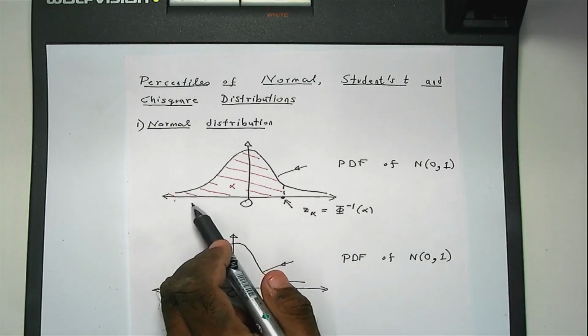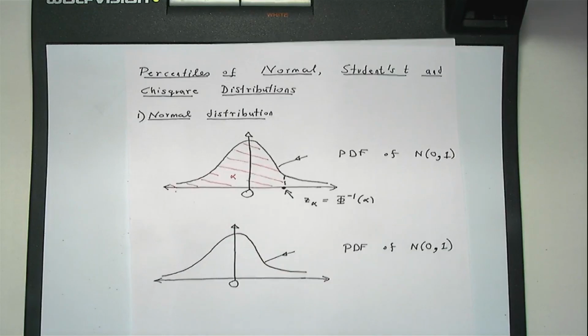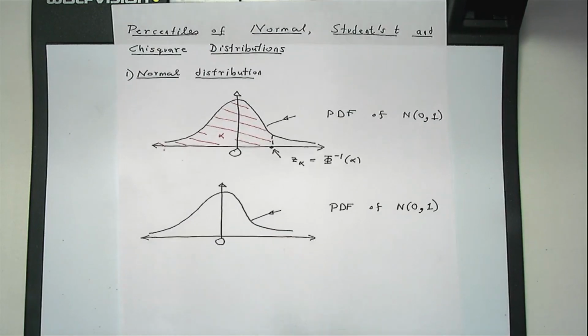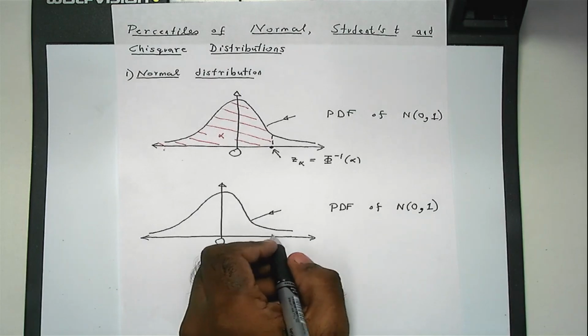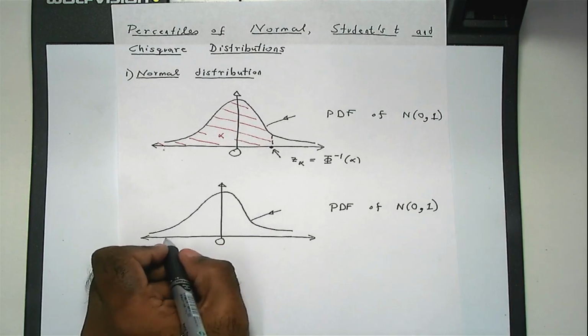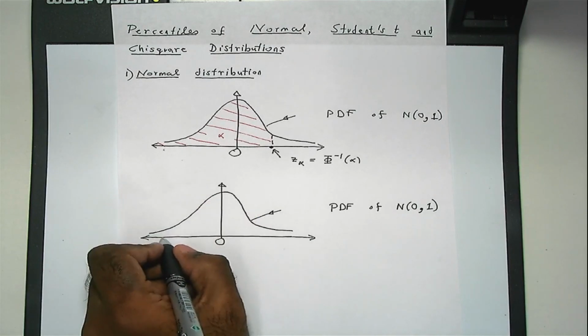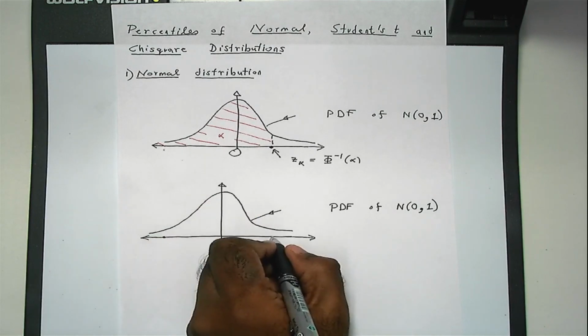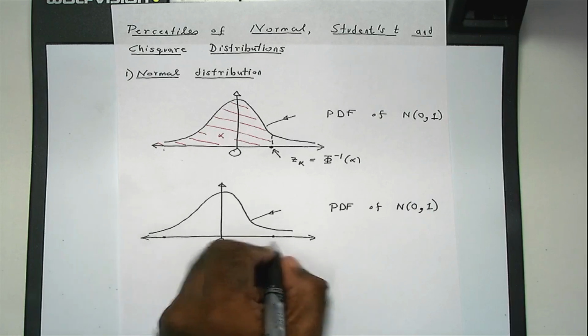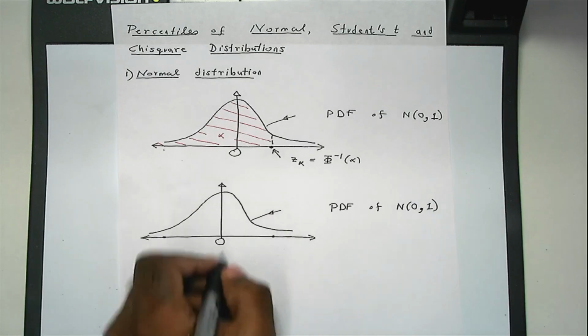Now, sometimes you want to take two percentiles, so that because it is symmetric, you can have a percentile here and a percentile here, which is a mirror image along this line, right?